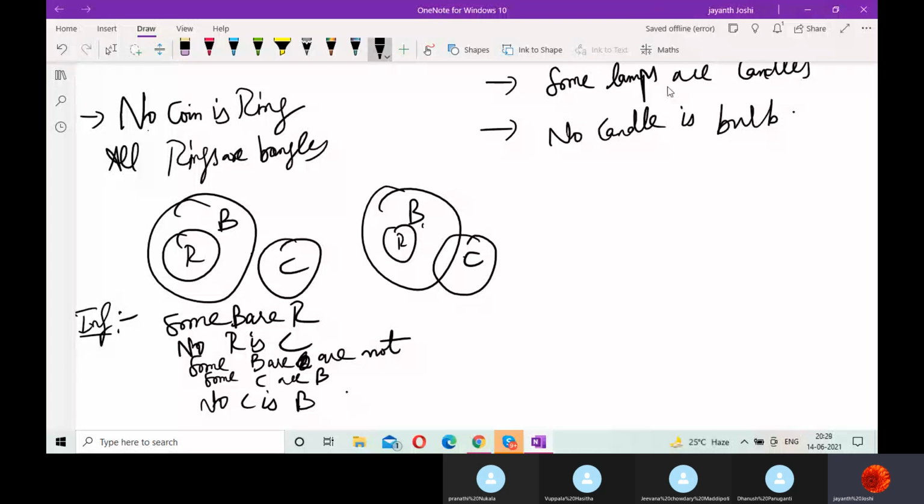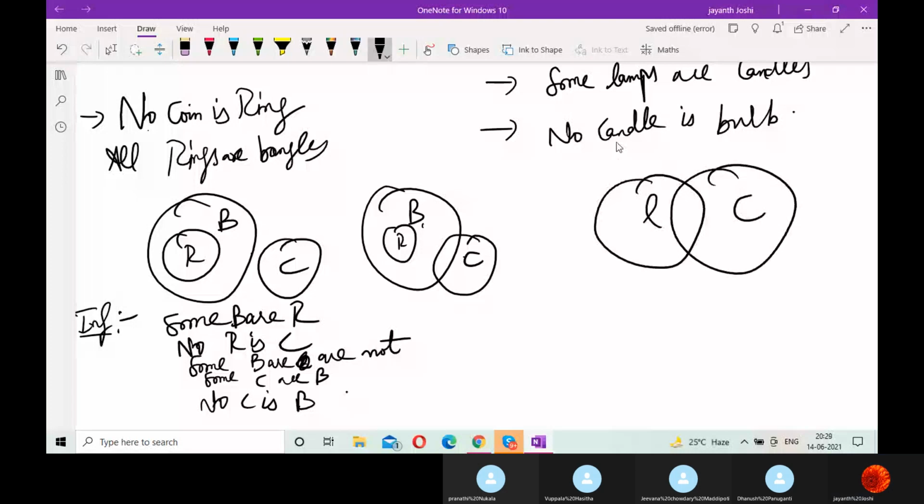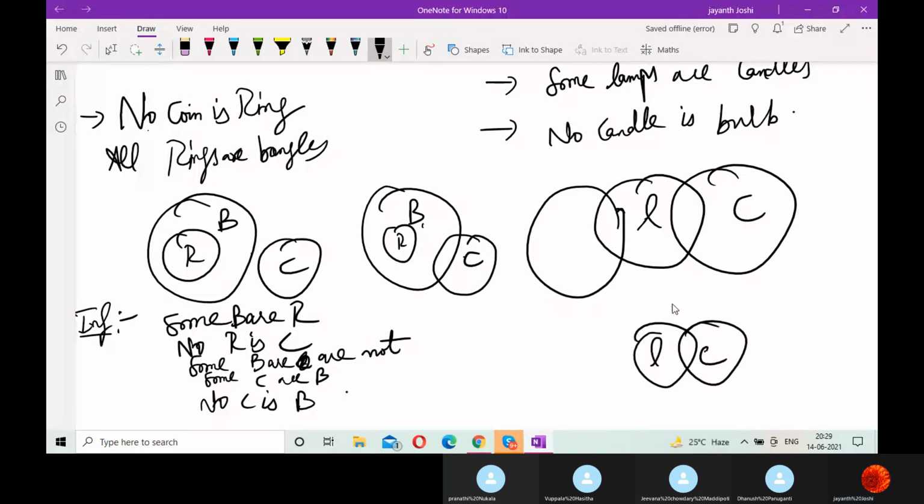And this last one, some lamps are candles, no candle is a bulb. So some lamps are candles, and no candle is a bulb. So either the bulbs can come with lamps, correct? Case number one, some lamps are candles, and I can write bulb here separately. No candle is a bulb.